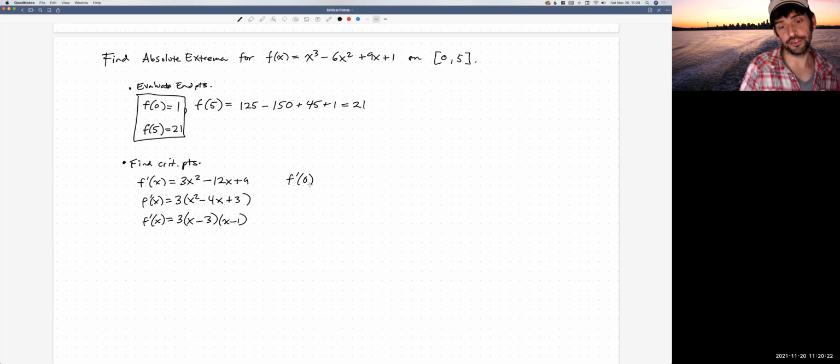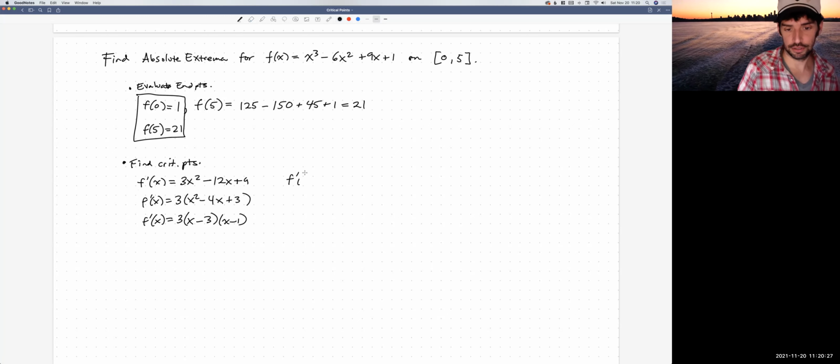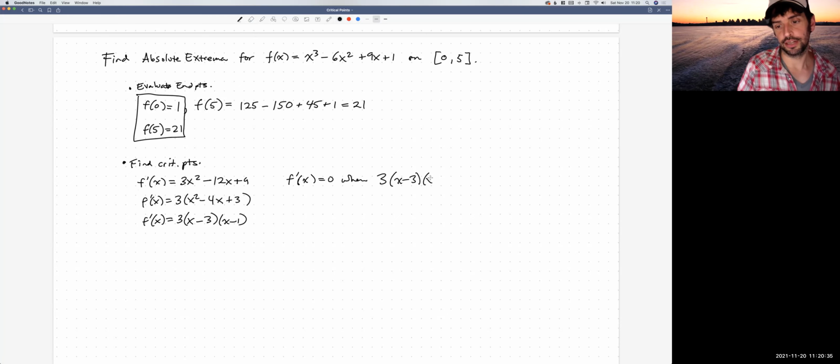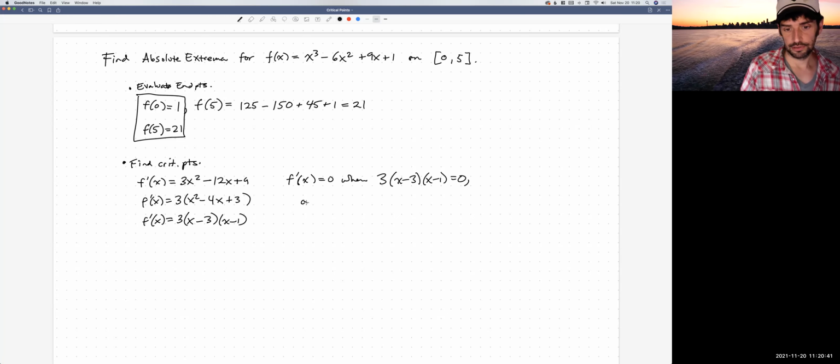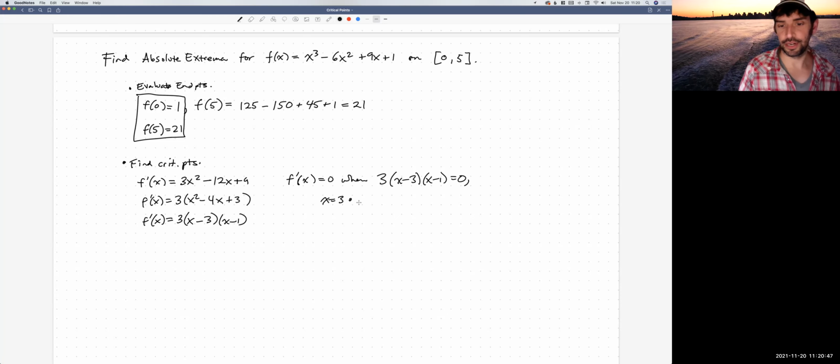f prime of x equals 0 when, well, let's just write it 3 times x minus 3 times x minus 1 equals 0. And that happens when x equals 3 or x equals 1.